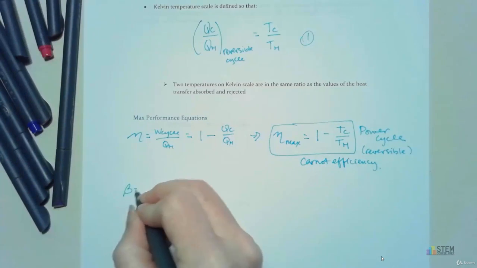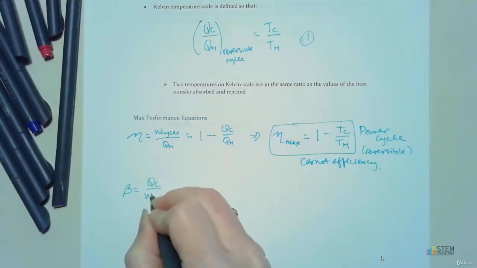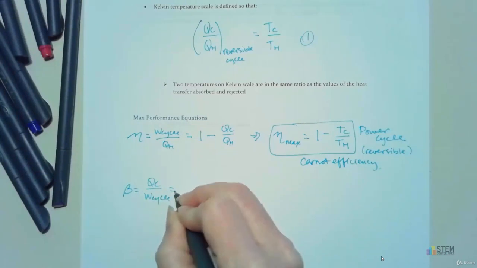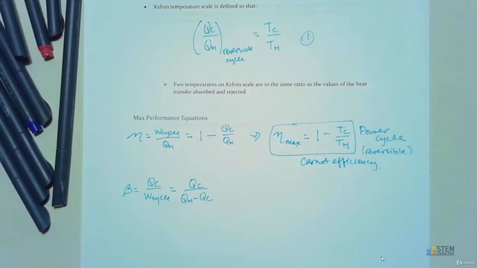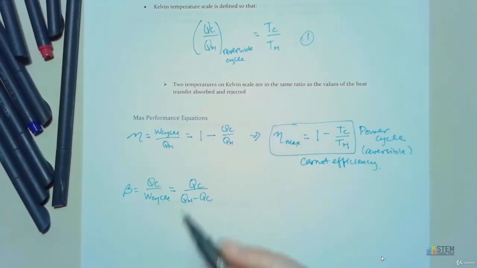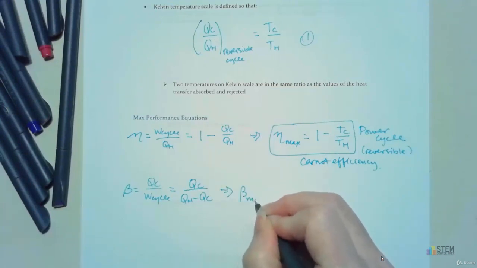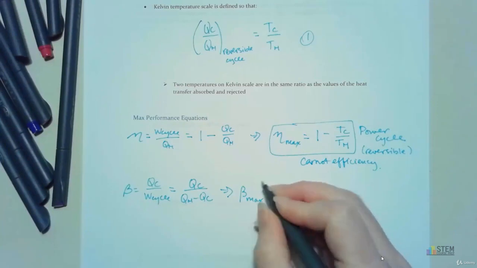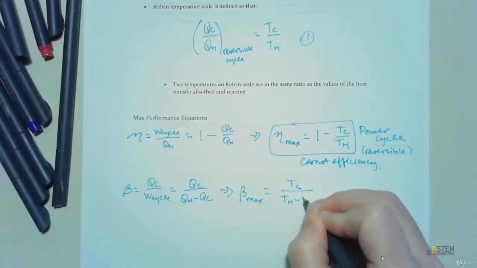For refrigeration, remember we had beta. Beta was QC over work of the cycle, which was equal to QC over QH minus QC. Now using this relationship for the Kelvin temperature scale, we can go ahead and write beta max, which equals TC over TH minus TC.